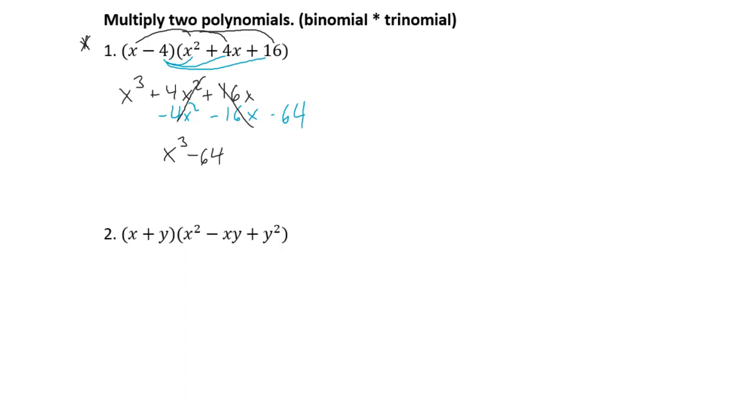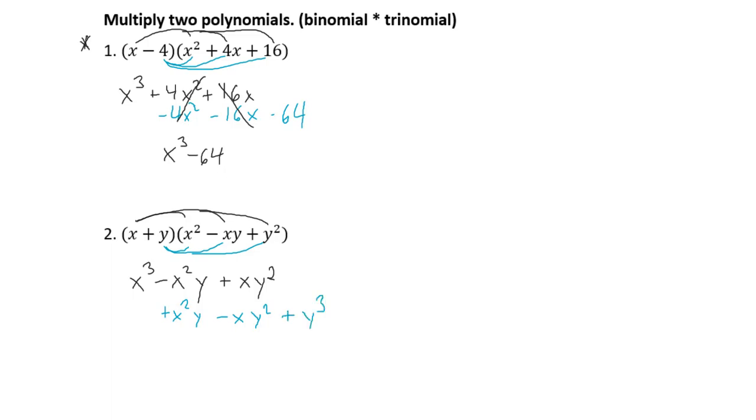All right, let's look at the next one. Multiply by x, and we get x to the third minus 6x squared y plus xy squared. And now we're going to multiply each term by y, and that gives us plus x squared y minus xy squared plus y to the third.